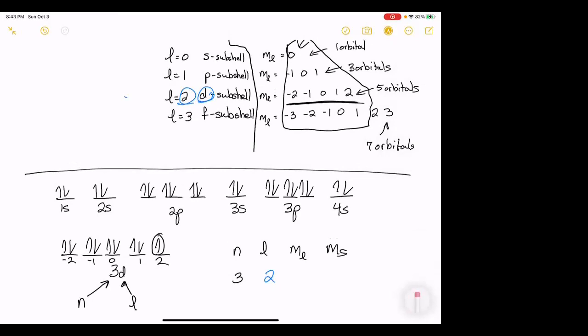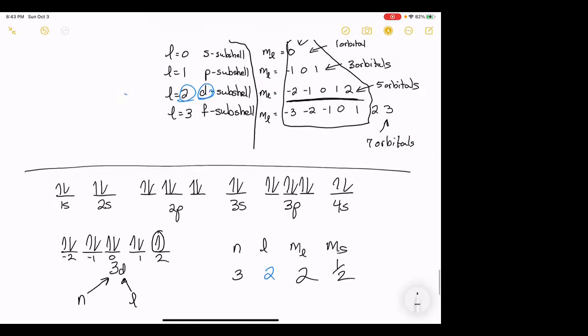The M sub L is a 2, and the M sub S, because it's spin up, is a +1/2. Does that answer your question, Jacob?